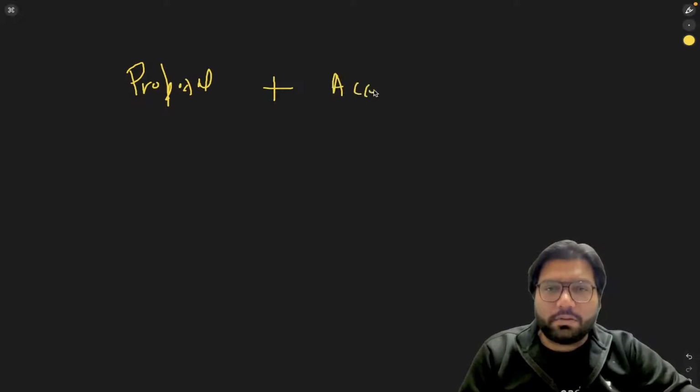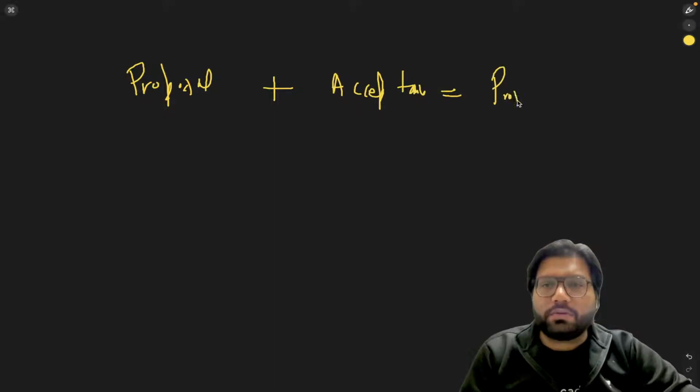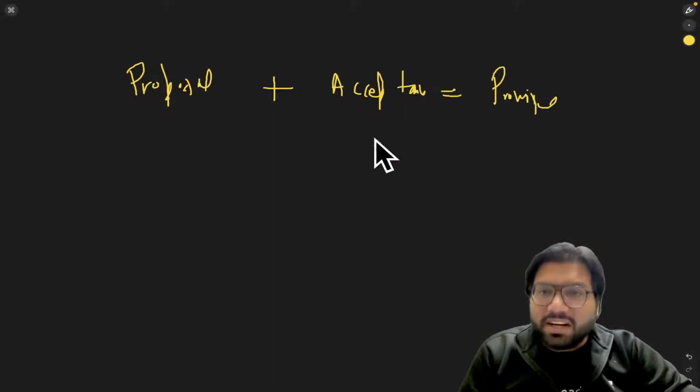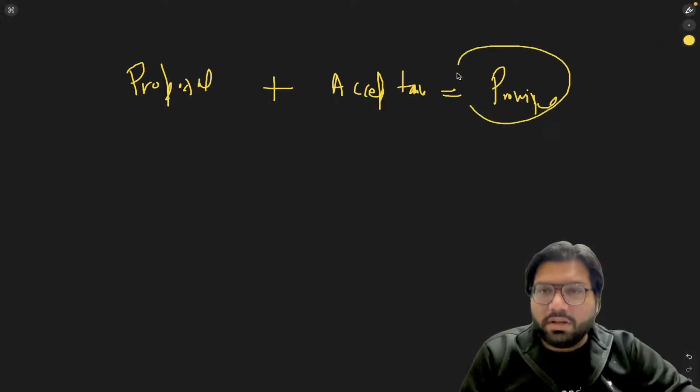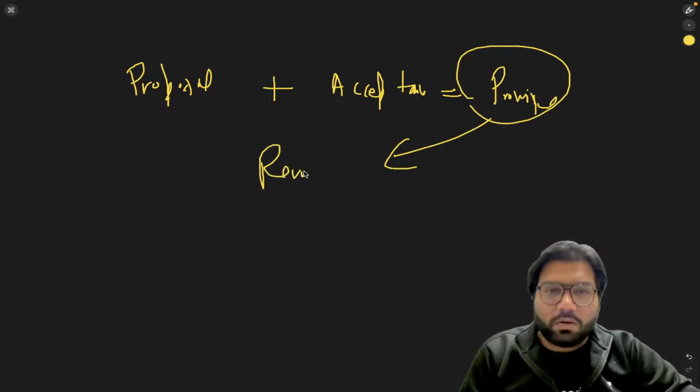Yes, Amit, you can use the statement of Anson here, which means if there is a proposal and it met with acceptance, that will amount to promise. And after this, you cannot revoke.